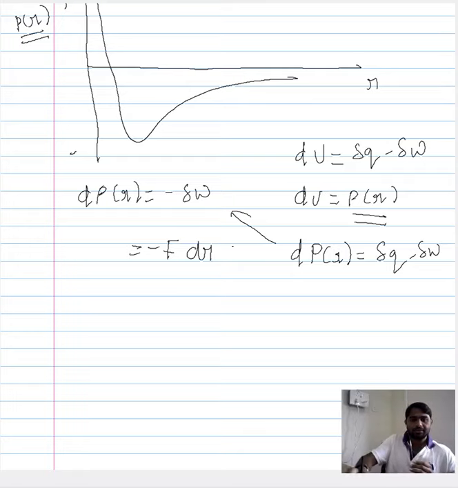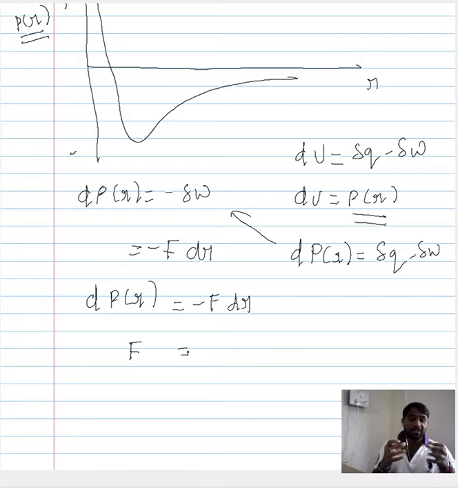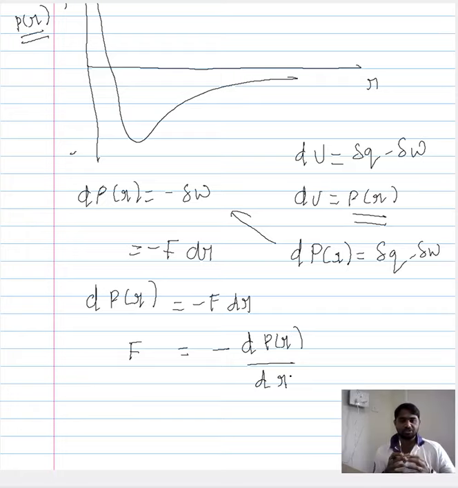So what we have ultimately arrived at is an expression that relates the interaction potential energy to the force acting on an atom. This force acting on an atom can thus be expressed, when you bring this dr here, as nothing but the change in the interaction potential with the change in the distance between the atoms.